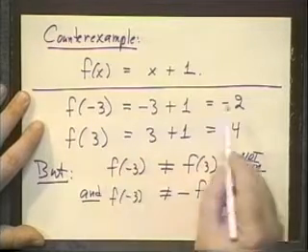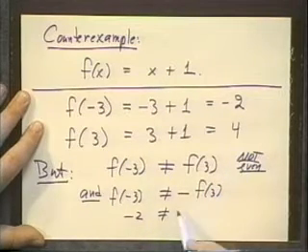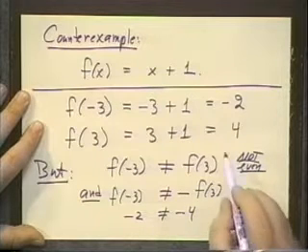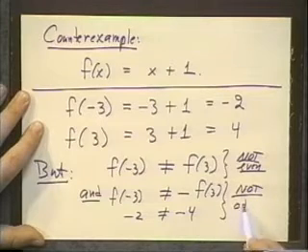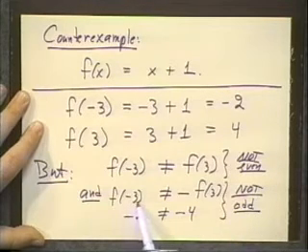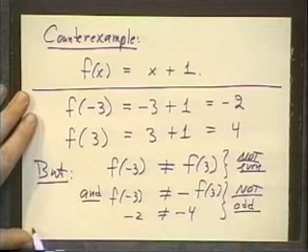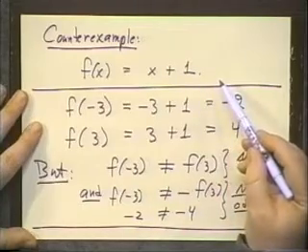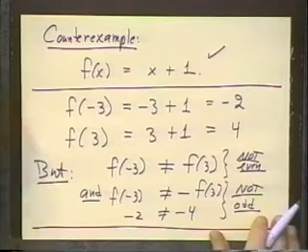F of minus 3 is minus 2, and I'm claiming that's not equal to negative of f of 3, which is negative 4. Clearly that's true. So we have not even here, and this shows it's not odd. Because in odd functions, f of the negative of a number is negative f of the number. So if it's not even and it's not odd, it must be, of course, neither. And there's a perfect example, a very simple function that's neither even nor odd.